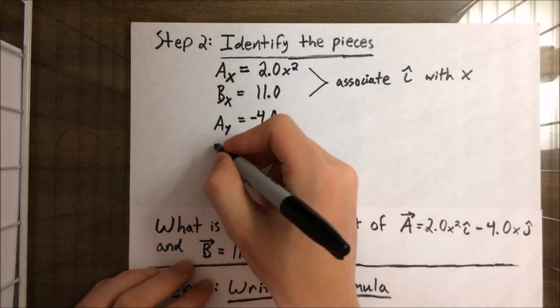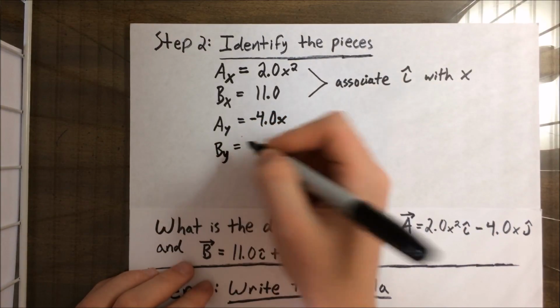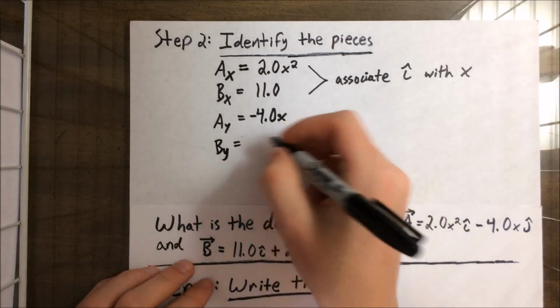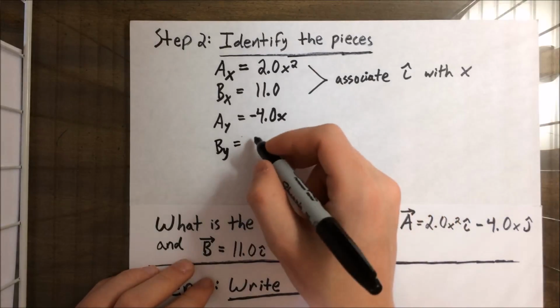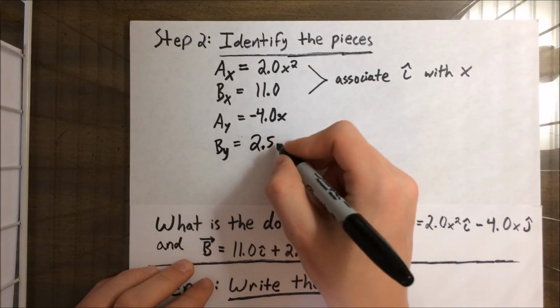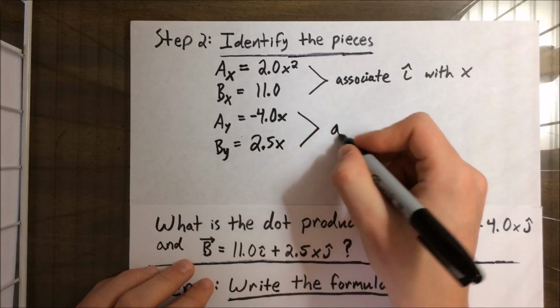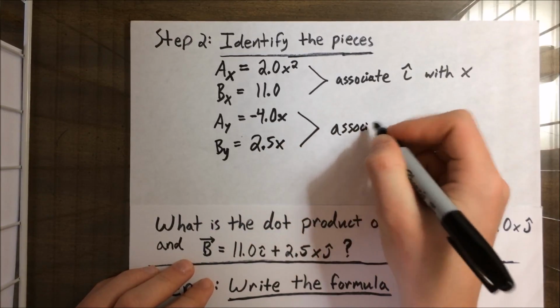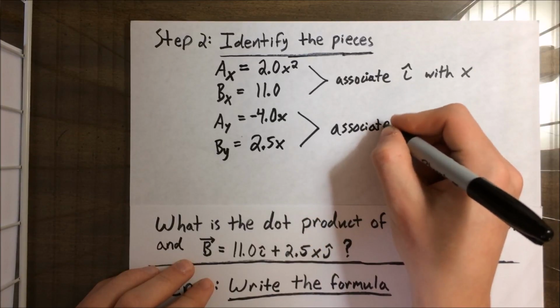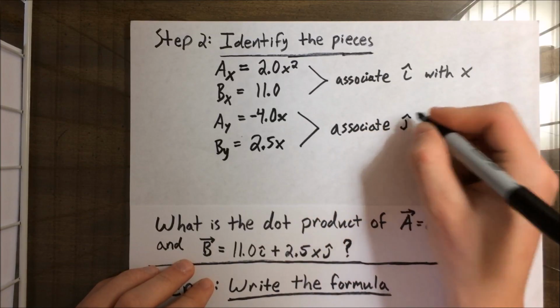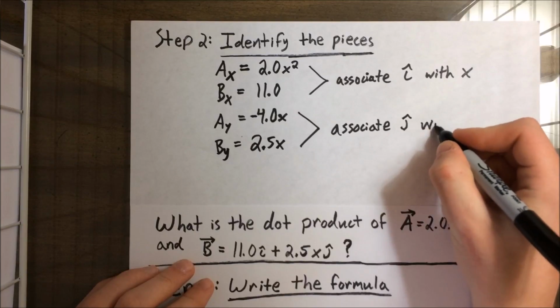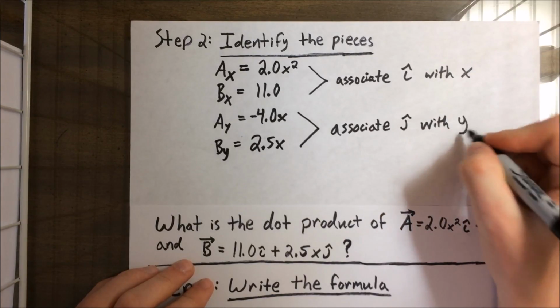Okay, so then b sub y is right here, 2.5x. So then these you associate j hat with y.